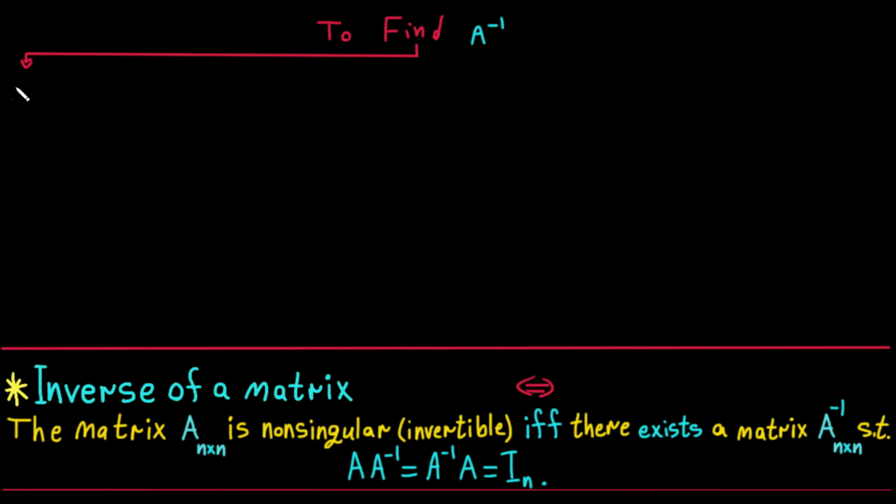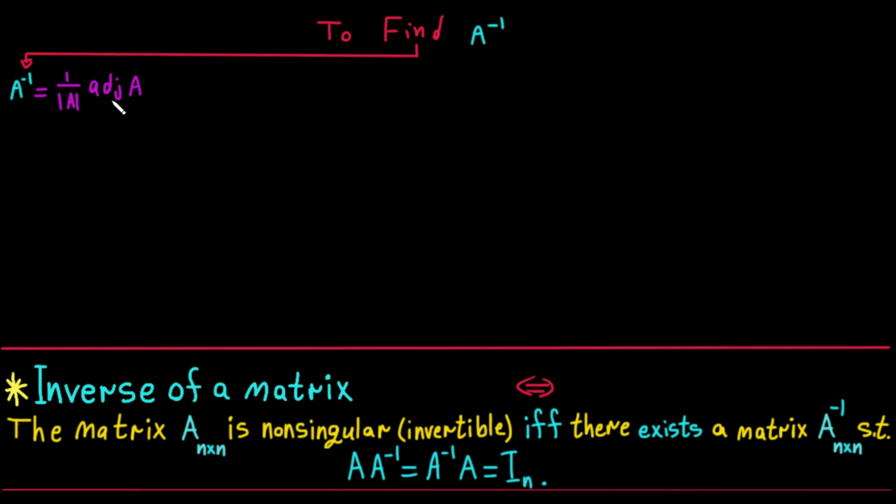The first way is A inverse equals 1 over the determinant of A multiplied by the adjoint, or adjugate, of A. This is called the adjugate or adjoint.